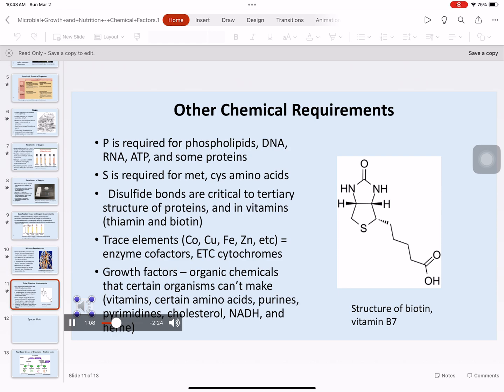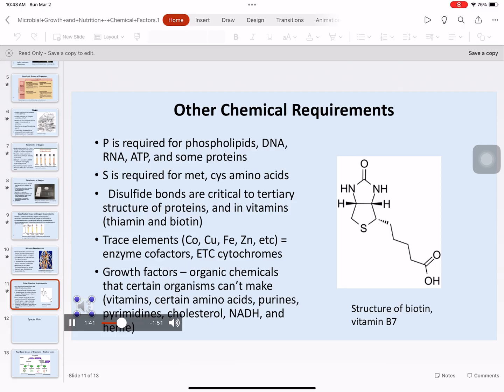Also, some vitamins, such as thiamine and biotin, also contain sulfur, and our figure shows the structure of biotin with its sulfur moiety. Biotin is also referred to as vitamin B7 and is a coenzyme for a number of critical enzymes.